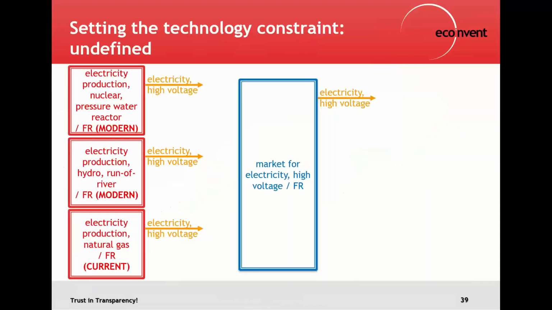If we look at an example, which can be electricity production in France, so the supply to the market for electricity production in France, we can see here a simplification with just 3 technologies, nuclear and hydro run-of-river being considered modern, and electricity production with natural gas being considered as current.